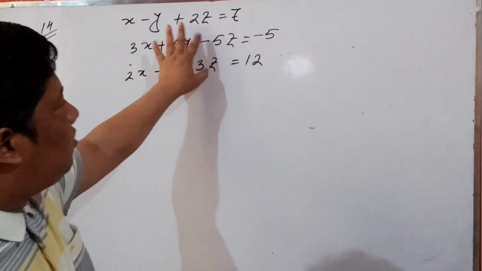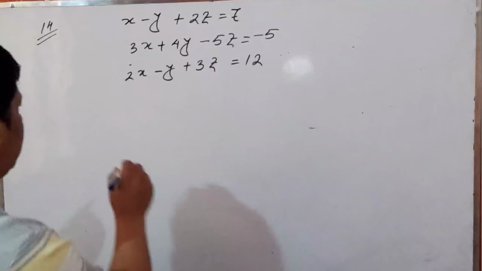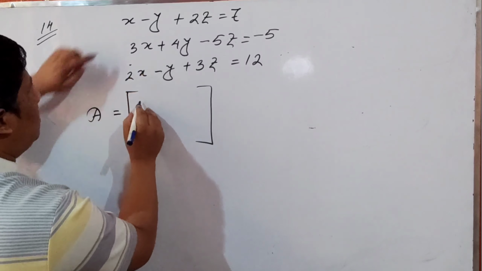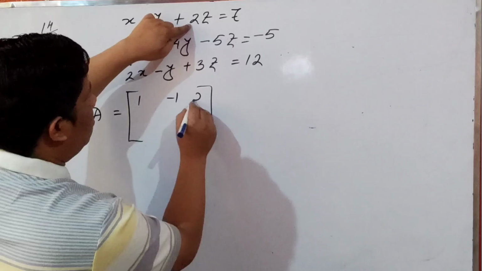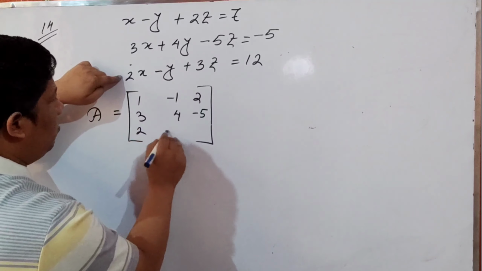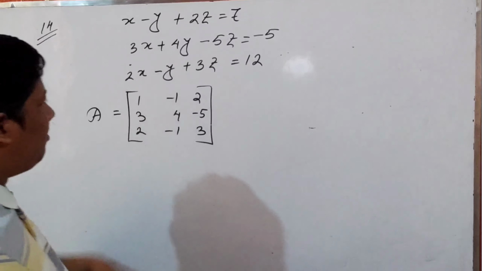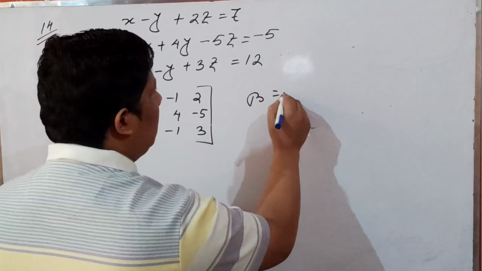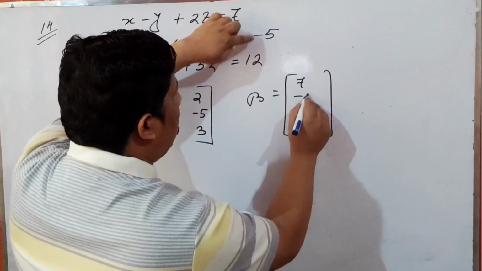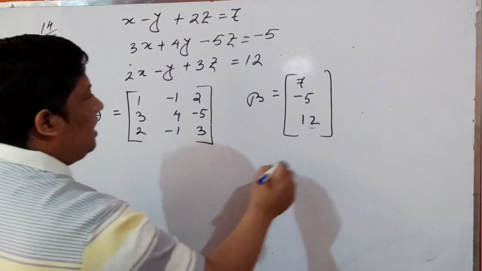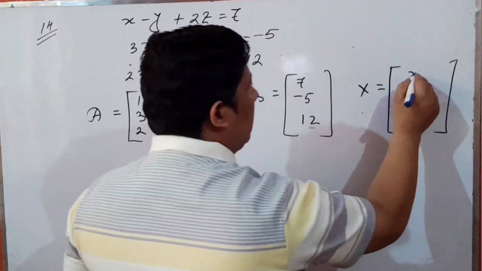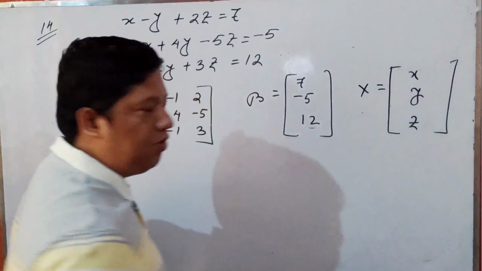Next, this one you have to write in matrix form. The A matrix is like this: coefficients 1, minus 1, 2, again 3, 4, minus 5, and 2, minus 1, 3. And the B matrix has the coefficients 7, minus 5 and 12. And the X matrix should be written with the variables x, y, z.